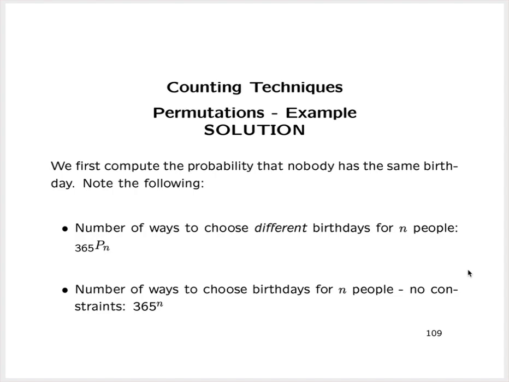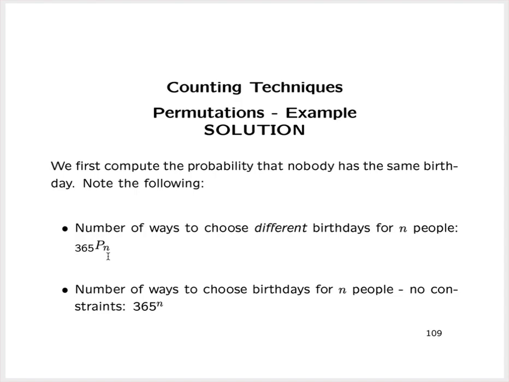In computing the probability that nobody has the same birthday, note the following. The number of ways to choose different birthdays for n people is given by 365 permute n. Another way to think about this is we've got n people whose birthdays we need to select, and they all need to be different.